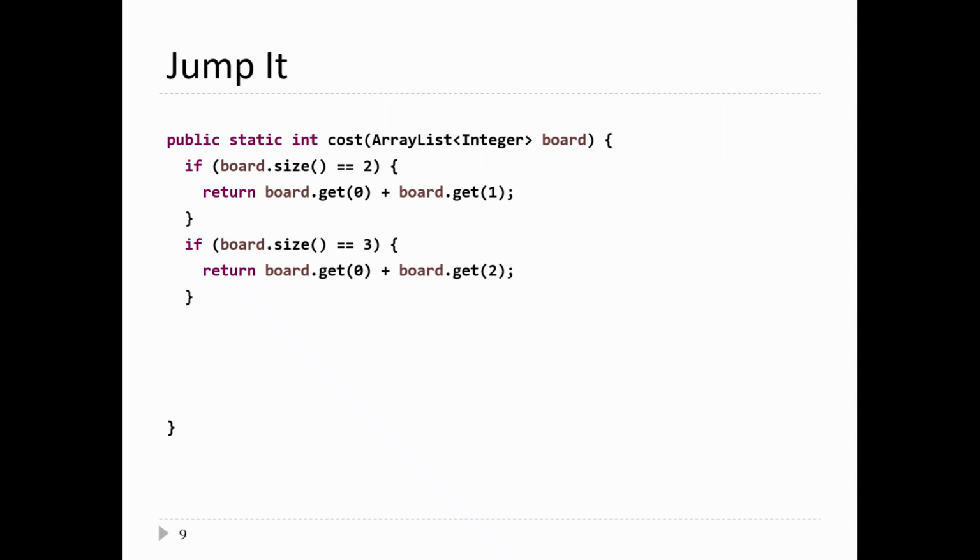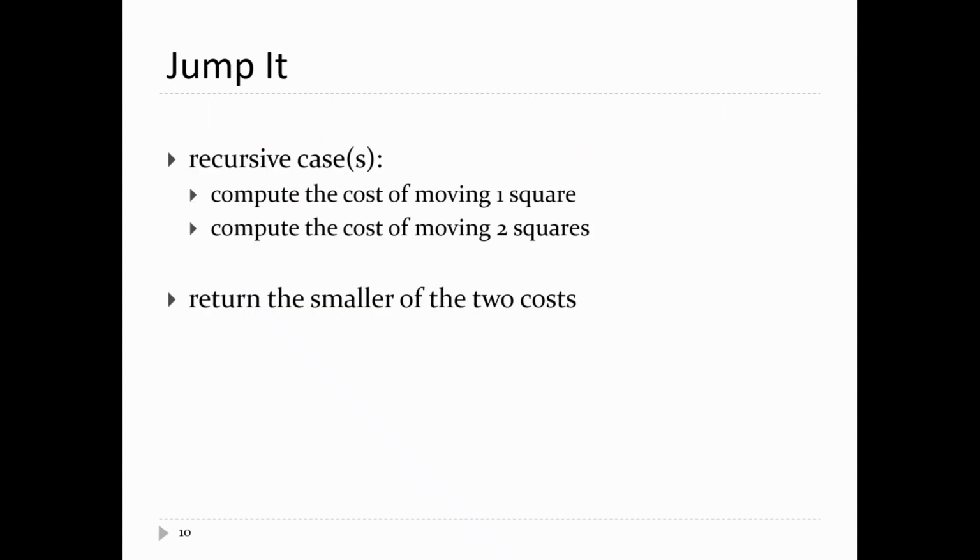For the cost of 2 squares, I want the cost of this board. If there's an easy way for me to get that board, I can just pass it to the recursive method and it will compute the cost for me. And so there are your recursive steps. And then you just return the smaller of the 2 costs.